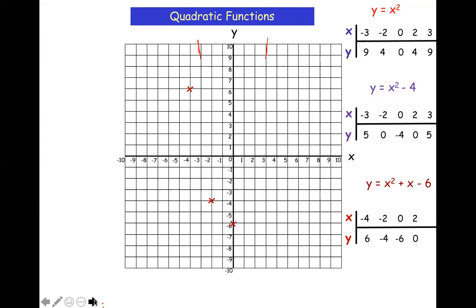2, 0. And then 3, 6. Okay, so we've got a symmetry here. Oh no. So, as you can see here, when you look at this, you've got that point here, 4 units, 3 units.